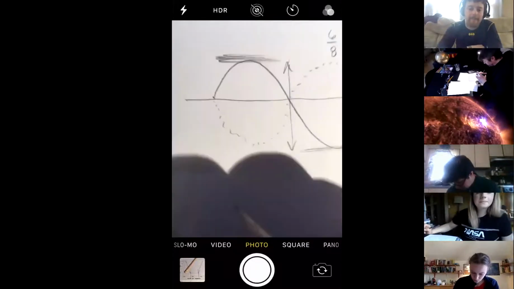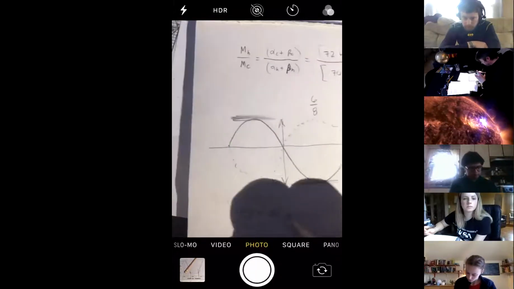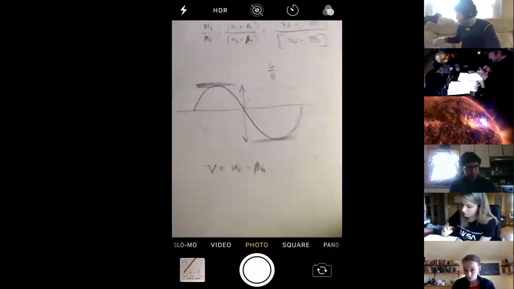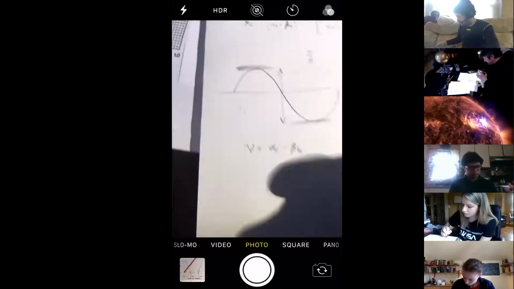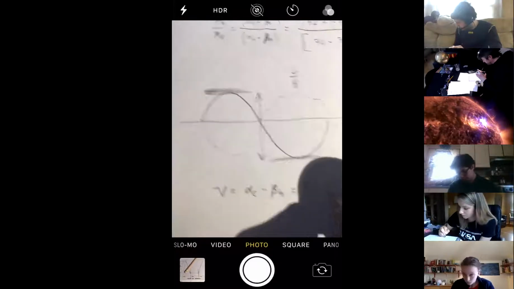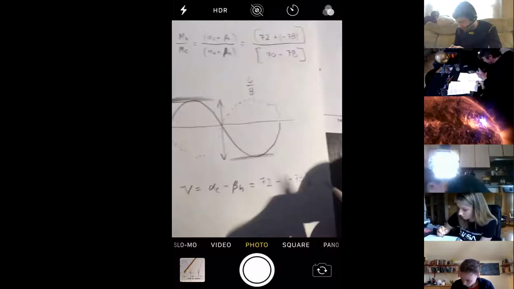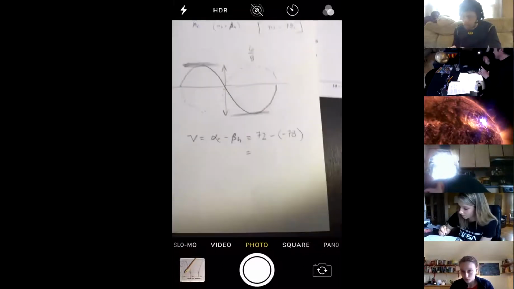So we're going to change this, and we're going to say the relative velocity, an improvement formula, will be alpha cold minus beta hot. That's the stars at their maximum and minimum, which is 72 minus -78. What's that give you, kids? 150.